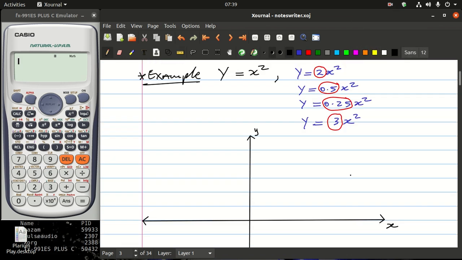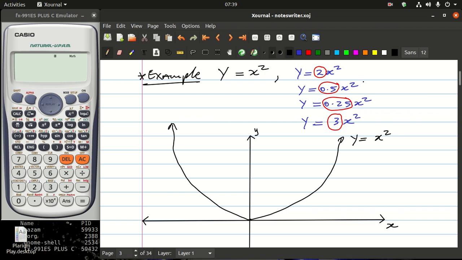Now we plot this curve. We know that y is equal to x squared looks like this. I'm trying to make it as big as we can so that we can clearly see what's going to happen. This is y is equal to x squared.